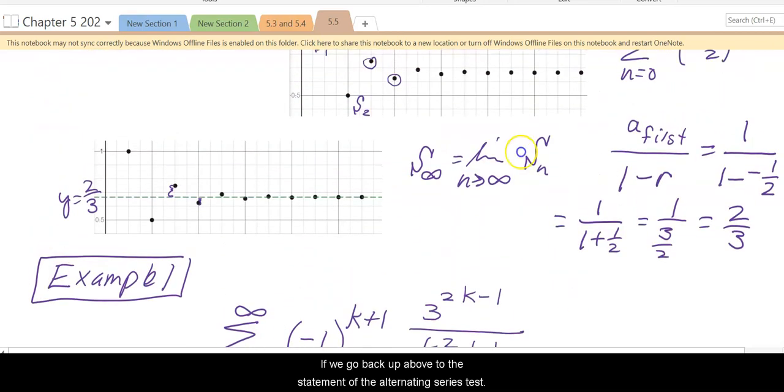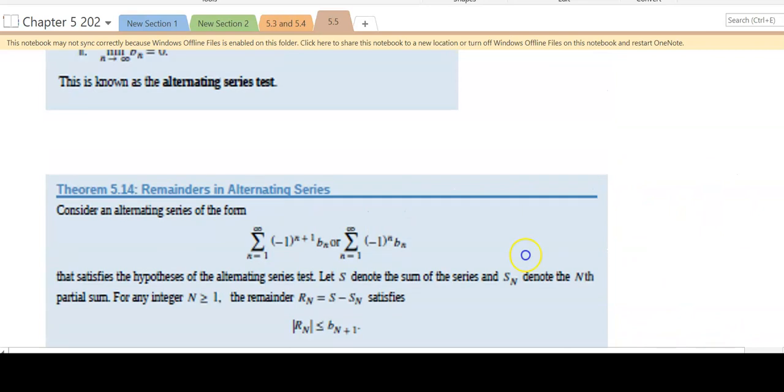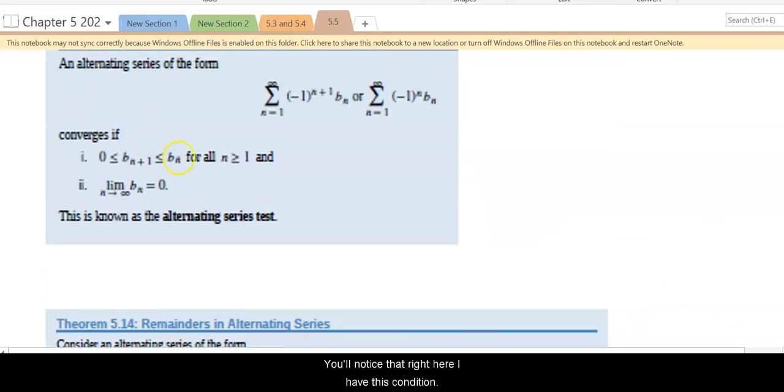If we go back up above to the statement of the alternating series test, you'll notice that right here I have this condition that 0 has to be less than or equal to b sub n plus 1 less than or equal to b sub n. The or equal to means they could stay the same in size, but otherwise they have to be decreasing. If they're increasing, then I cannot use the alternating series test.